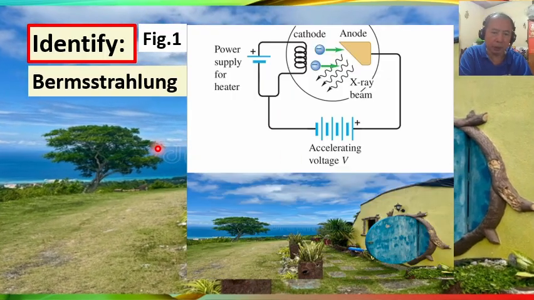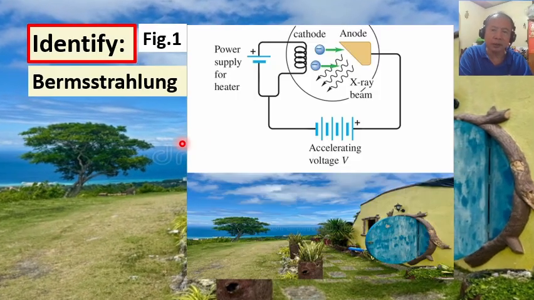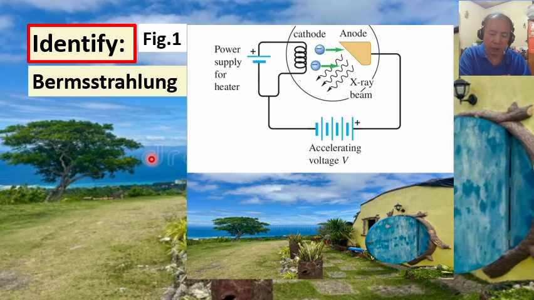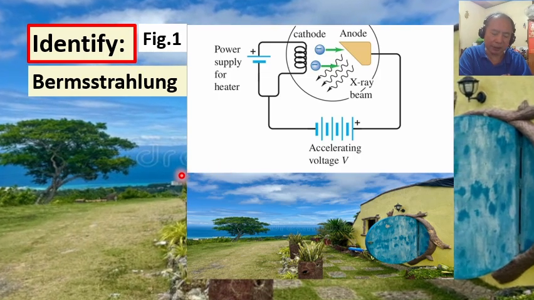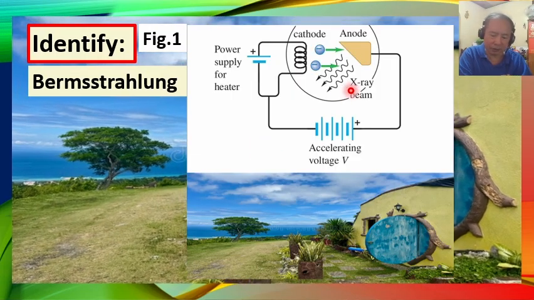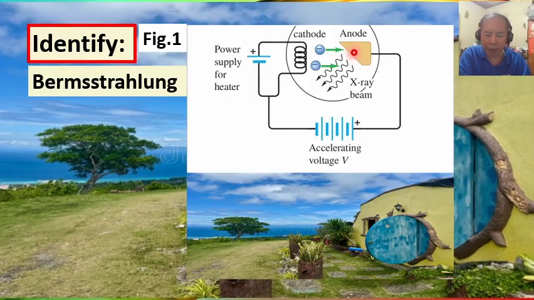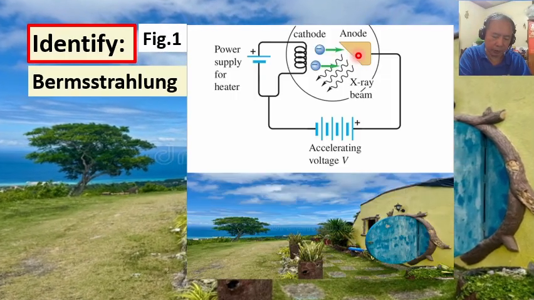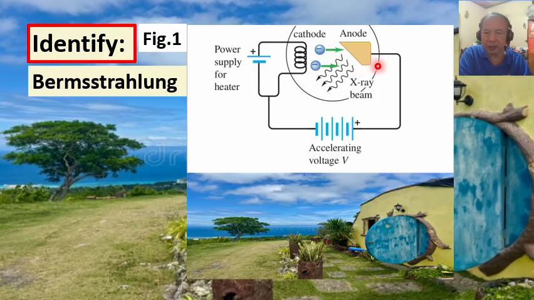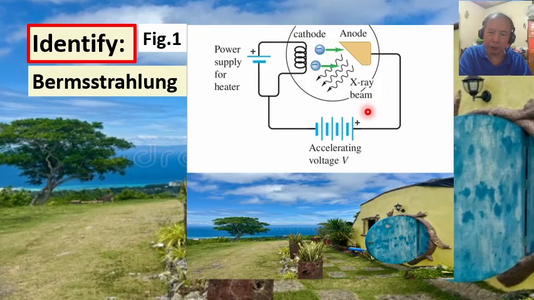So this Bremsstrahlung occurs when a highly accelerated electron through a high potential difference hits its target, which is an anode, and thereby imparts its kinetic energy to a single photon.